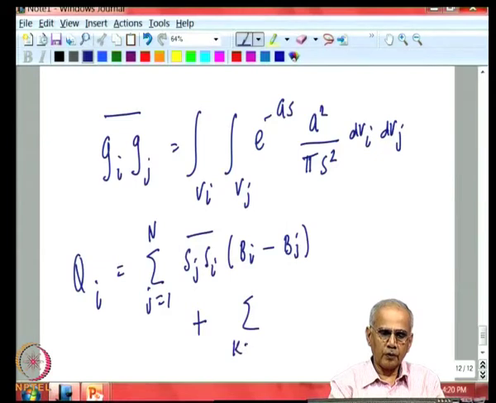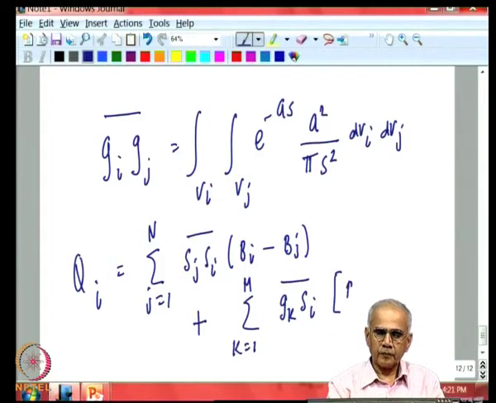You go from 1 to m, there are m volume elements and n surface elements, and you calculate this Gk Si, and this will be Bi minus Eb of Gk.